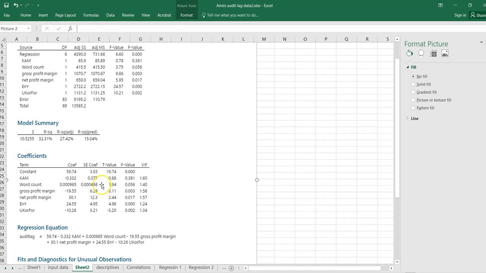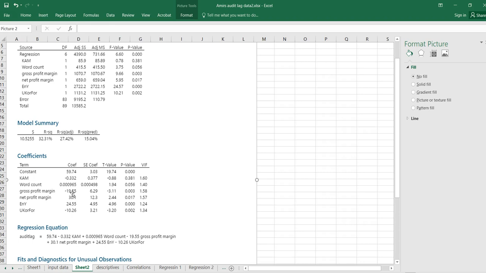The word count is significant, not too surprising. If they produce a long report, it's taken them longer to do it. Obvious conclusions are perfectly satisfactory. The gross profit margin. So this is saying that the higher the gross profit margin, the lower the audit lag. And that is kind of what you'd expect. So if the company has made a big profit, the auditors apparently don't take as long.